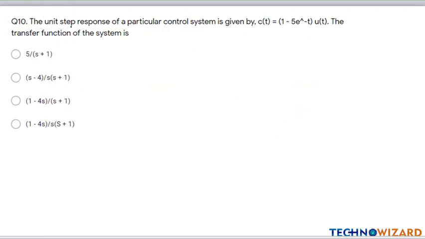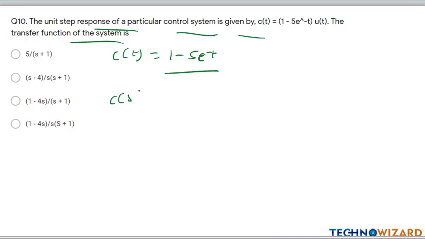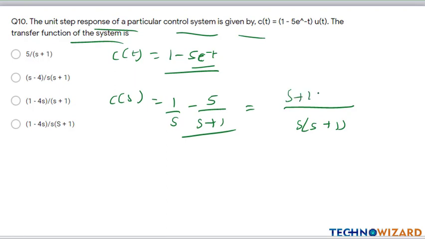Question number 10. The unit step response of a particular system is given. We have to find the transfer function. We know that c of t is equal to 1 minus 5 e to the power minus t. On finding the Laplace transform of this, that is C of s, the Laplace transform of 1 is 1 upon s, and the Laplace transform of minus 5 e to the power minus t is minus 5 upon s plus 1. On solving, taking the LCM, we get s plus 1 minus 5s, that is 1 minus 4s upon s into s plus 1.